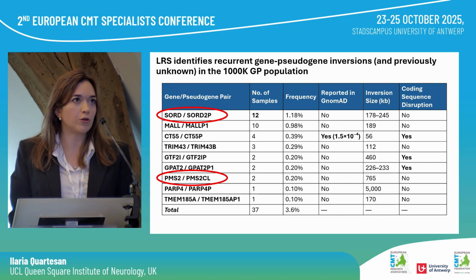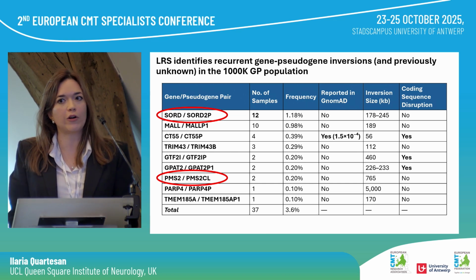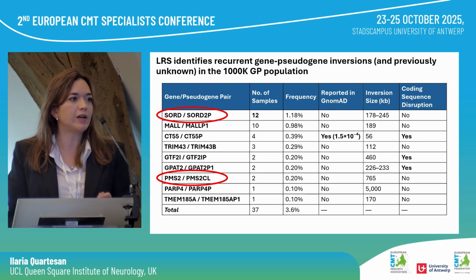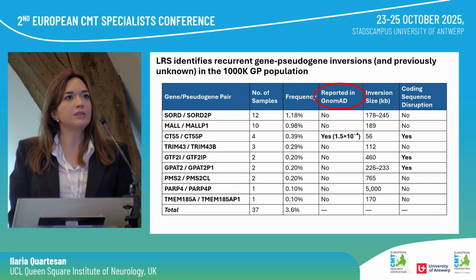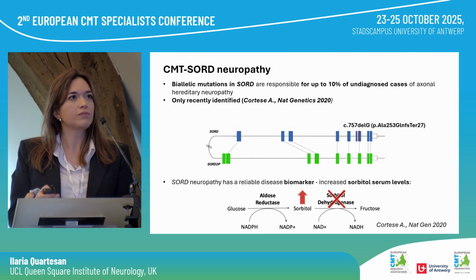One, of course, is SORD, which is a common cause of CMT and also the locus with the highest number of inversions, and the other being PMS2, which is related to a hereditary cancer syndrome. Although in both cases, all these inversions were predicted to be neutral. Importantly, only one inversion was already reported in gnomAD, meaning that these inversions are indeed mostly invisible to short read.